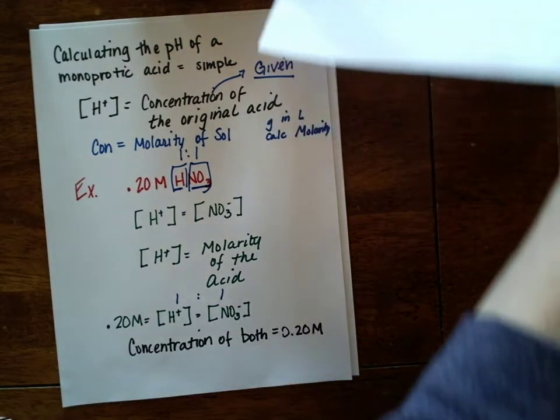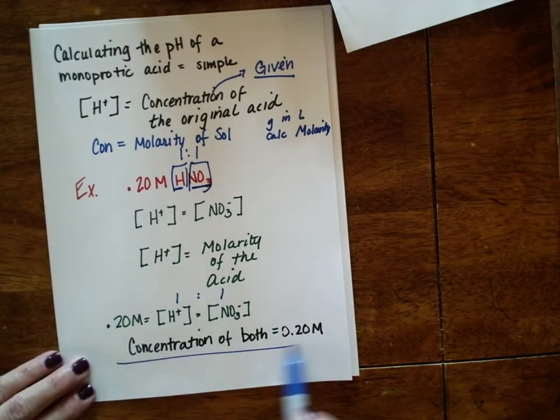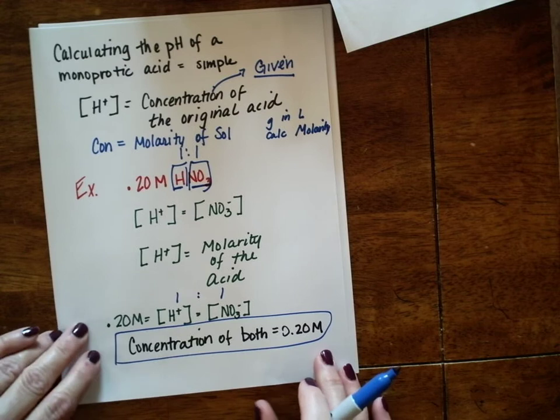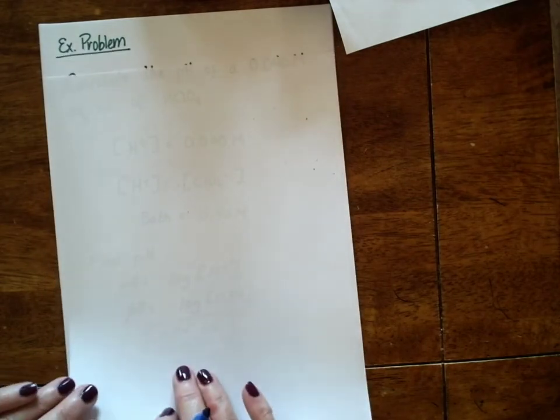So the concentration for both parts of my solution is 0.20 molar based on the ratio of cation to anion, or hydronium ion to anion counterpart, in one of these monoprotic acids. I can move forward with that when I'm calculating my pH to figure out the pH of the solution.